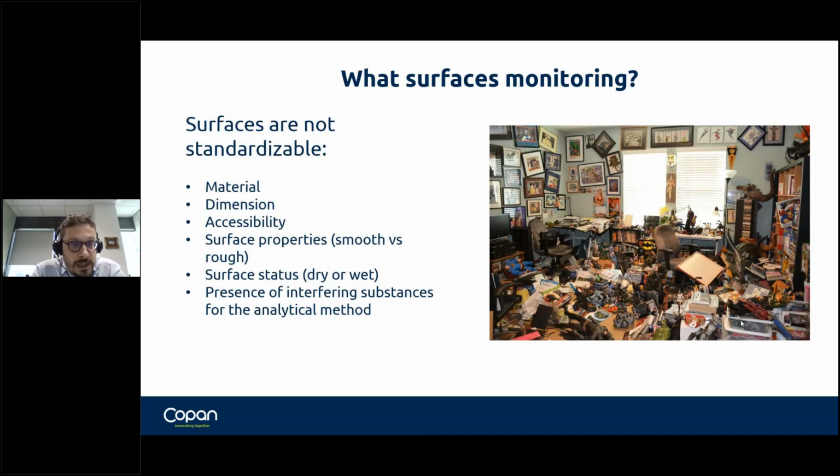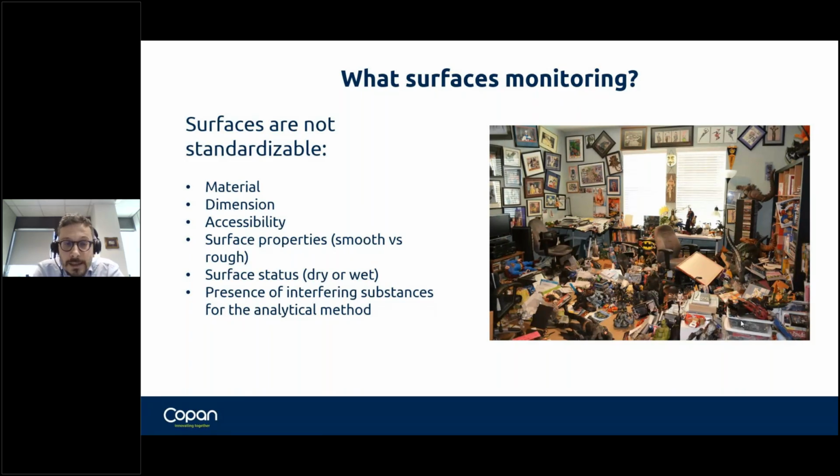especially microbiological contamination. The surface properties are another very important point, because clearly smooth surfaces are easier to clean, and so they are, so to speak, less at risk of generating contamination compared to rough surfaces, which in some cases, for production needs, cannot be substituted by others. As for surface status, dry surfaces are less prone to microbiological growth and contamination compared to wet ones.